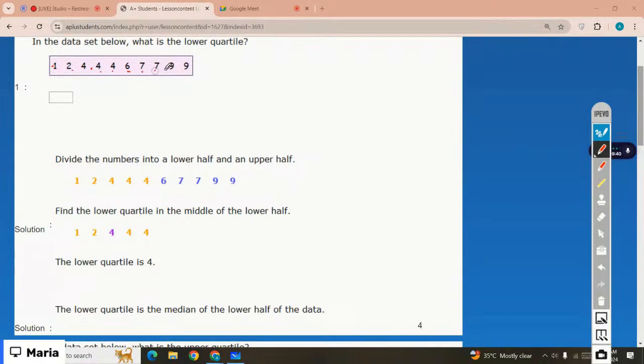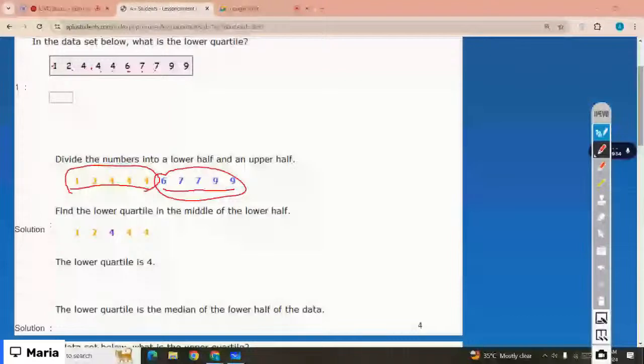The numbers are arranged from smaller to greater. So there are five numbers in the lower half and five numbers in the upper half. Now you have to find the lower quartile. The lower quartile is the median, exactly the middle number of the lower half.